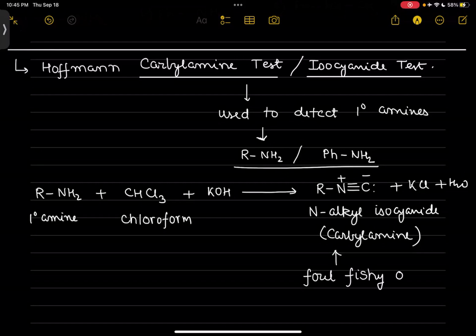And this is the key thing. It helps us to detect the amine. Got it?